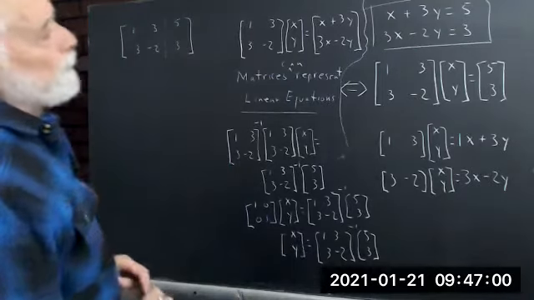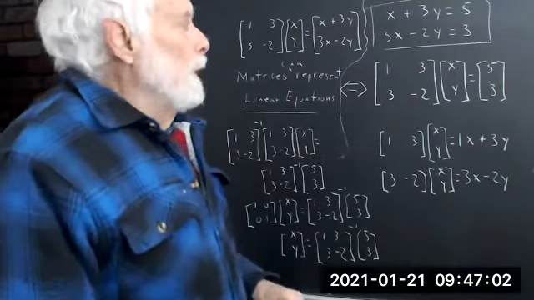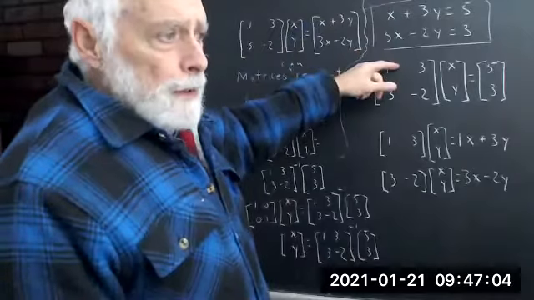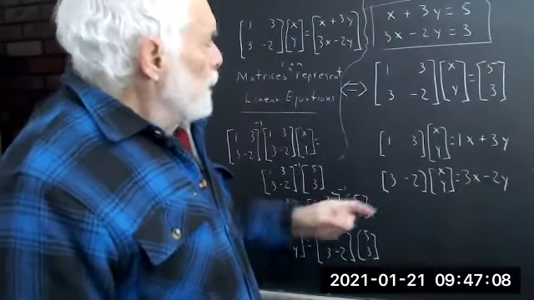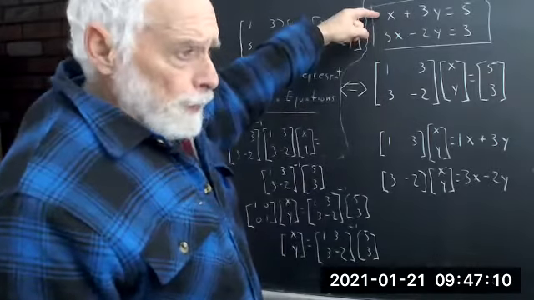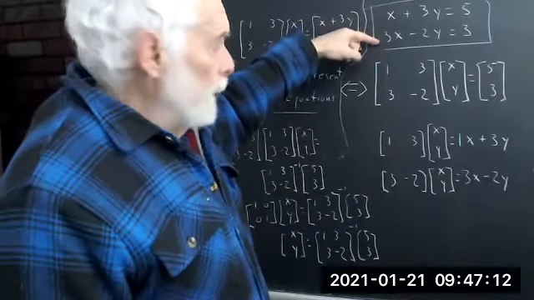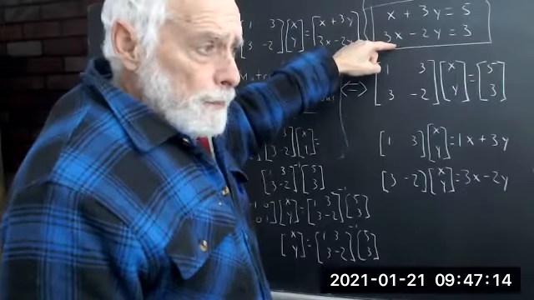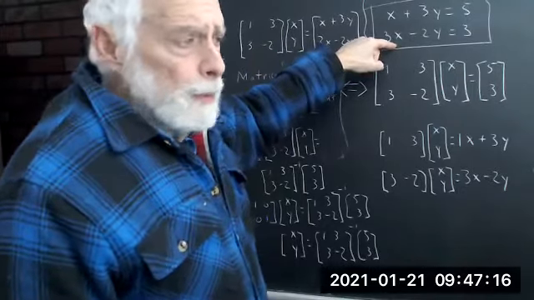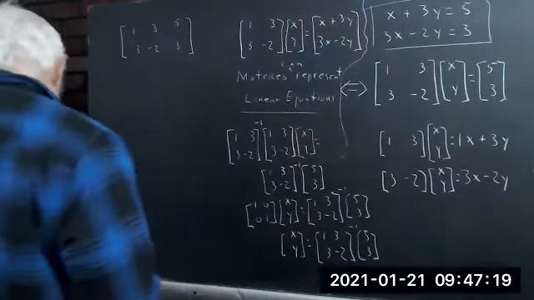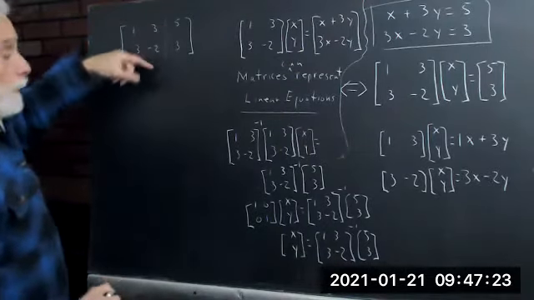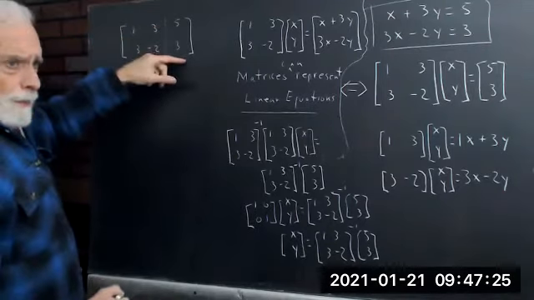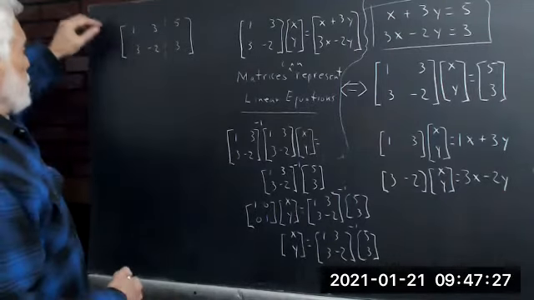Okay, well, if I want to solve this system by elimination, then it should be clear that I can subtract 3 times the first equation from the second equation, and that'll eliminate the x term in the second equation. So I'm going to do that, but I'm going to do that with these rows of numbers.